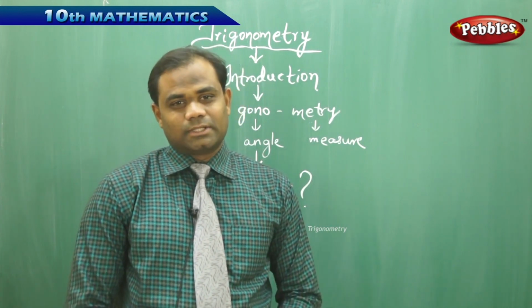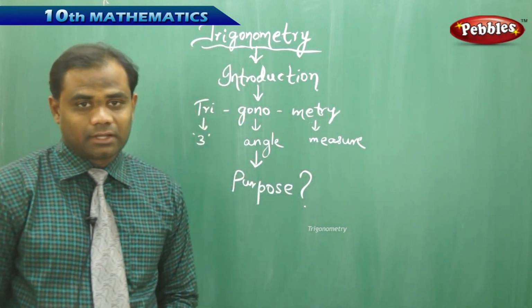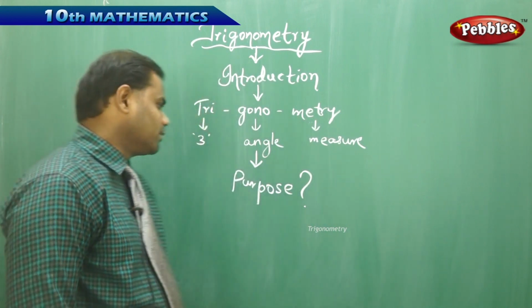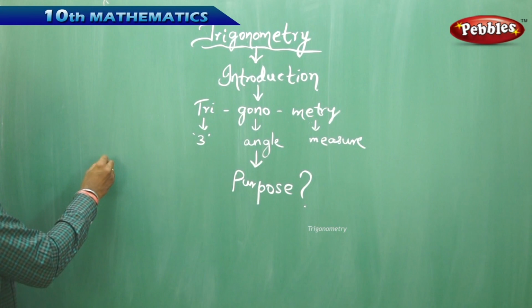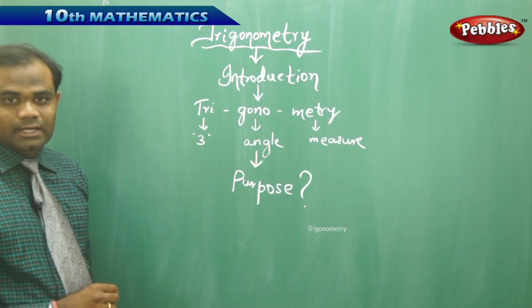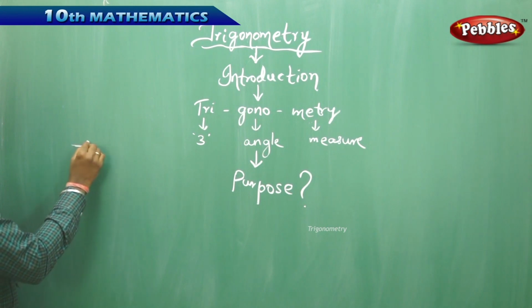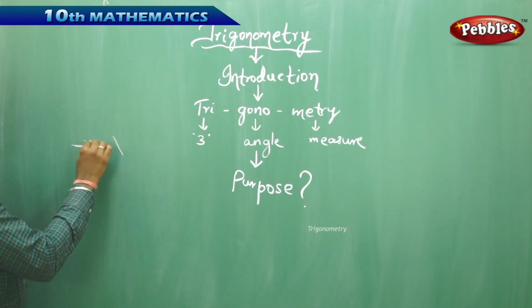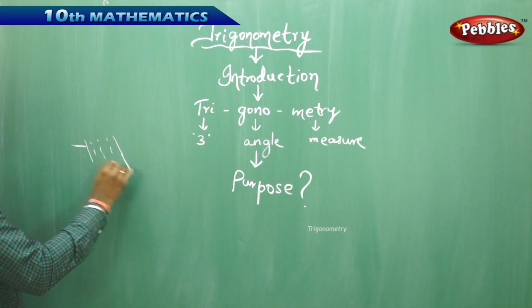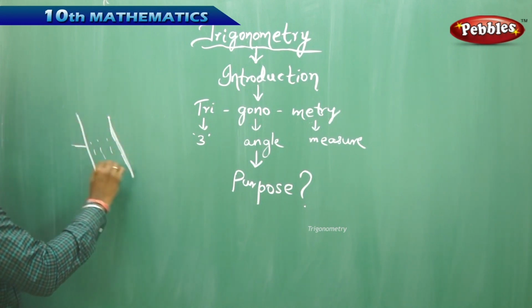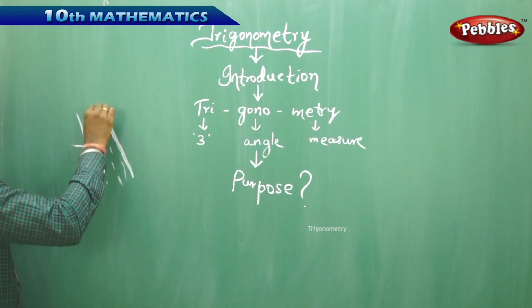Let's come up with a small activity to understand why trigonometry is very important in daily life. Say, for example, imagine I go into the deep forest and come to a place where I have a small lake bed with water flowing in it.